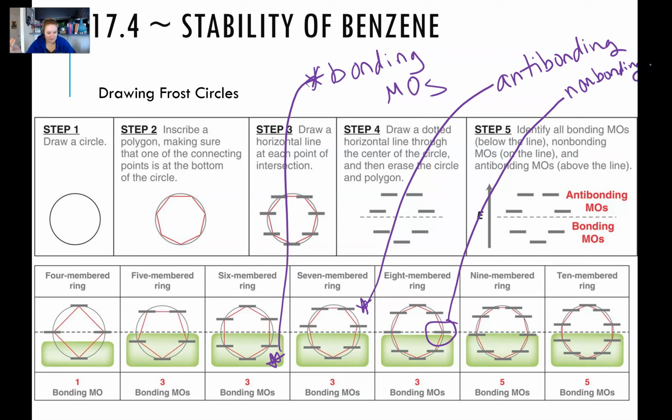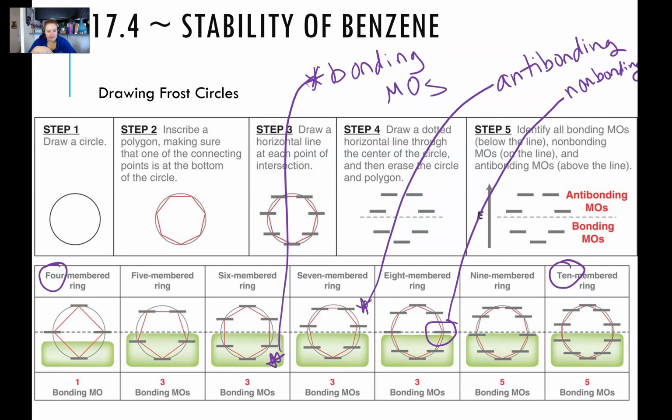So this is one way to figure it out. We can look at how many carbons we have or how many atoms we have. So notice these go all the way from 4 up to 10, and we can look at how many electrons we have available and fill them in going from lowest energy to highest energy.